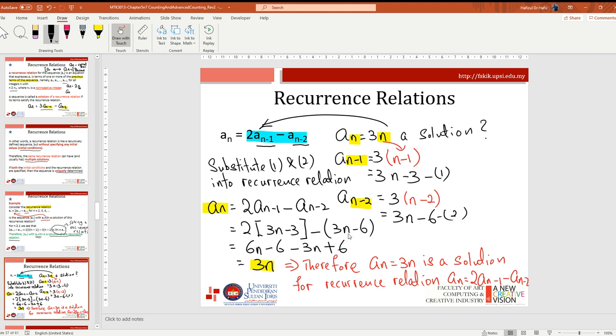Kita darabkan dia dengan 2. Okay, and then 6n minus 6 minus 3n plus 6 is 3n. Therefore, a_n is equivalent to 3n is a solution for the recurrence relation a_n equals 2a_{n-1} minus a_{n-2}.